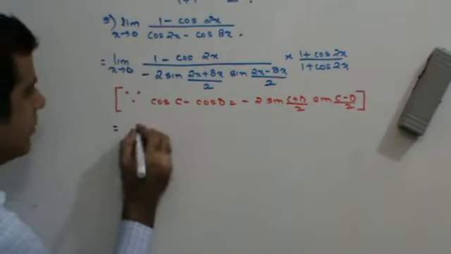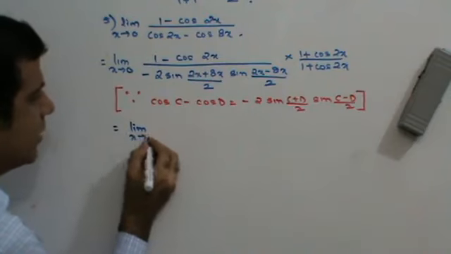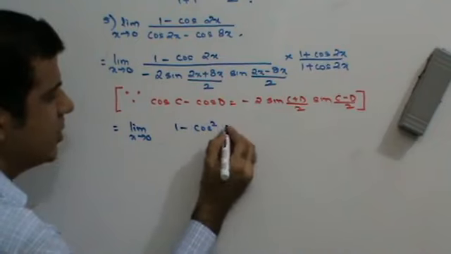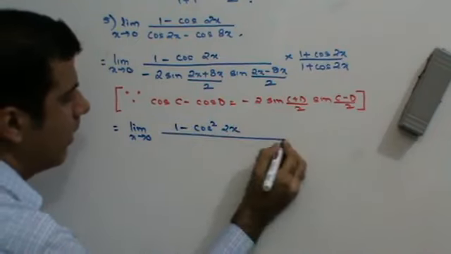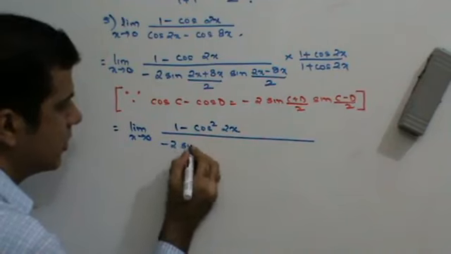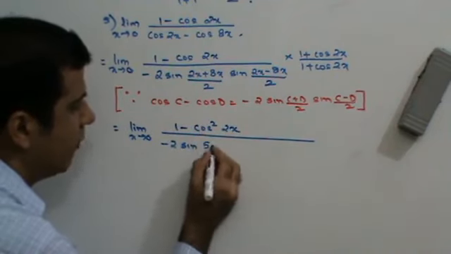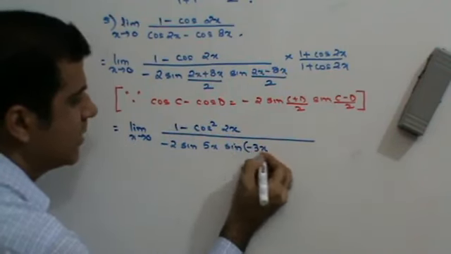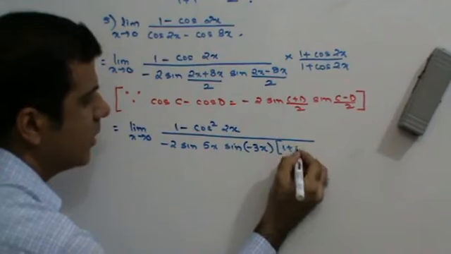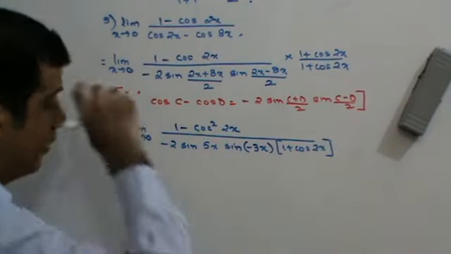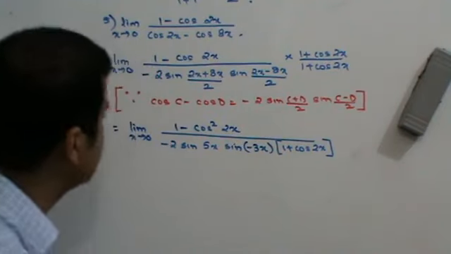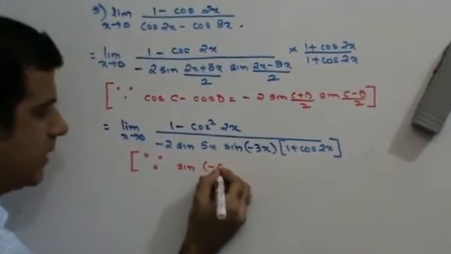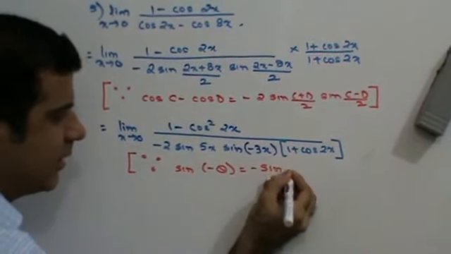Now let's see this. Limit of x tends to 0, a minus b, a plus b, a square minus b square upon, this is minus 2 sine 10x upon 2, 5x, sine minus 6x upon 2, minus 3x, (1 plus cos 2x). Right? We have another formula, which says, if you're familiar with your trigo basics, sine of minus theta is minus sine theta.